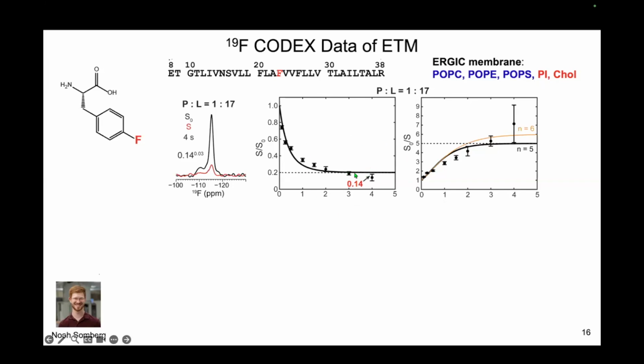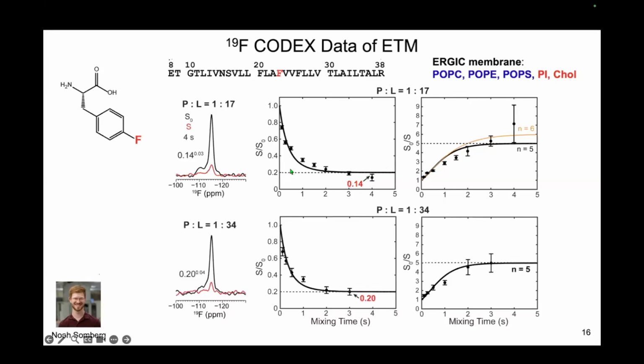But if you wait longer, you find the echo intensity drops below 0.2, suggesting higher oligomer species, which is interesting. We then decided to dilute the protein concentration in the membrane by a factor of 2. At this point, we found that the equilibrium echo intensity plateaued at 0.2.